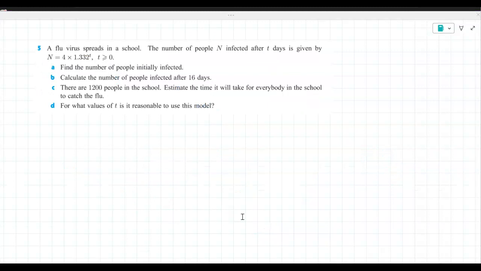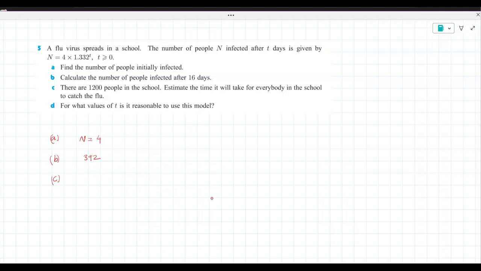Okay. So initial number of people is 4 because when you put your time as 0. Then number of people infected after 16 days, you put in your calculator, dealing with number of people, so 392. Then there are 1200 people in the school.